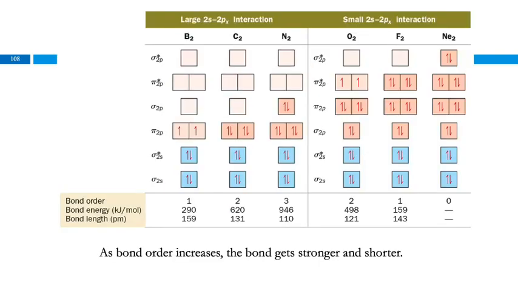So here we have molecular orbital diagrams for B2, C2, N2, O2, F2, and Ne2. And again, we're looking at valence electrons. So we've got a 2s orbital from each of the two atoms combining and makes a 2s bonding and a 2s antibonding.